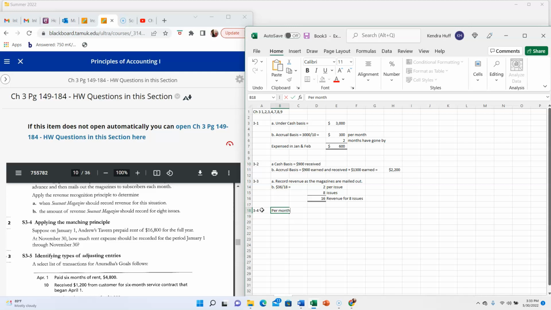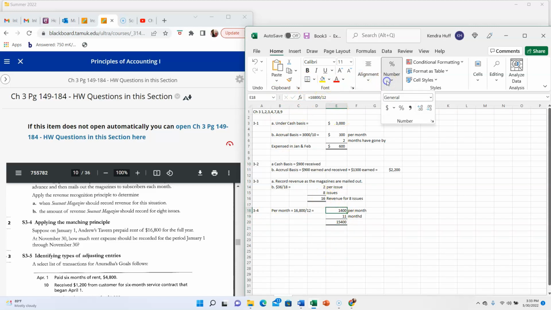So per month, it's going to be the $16,800 divided by 12. So it's $1,400 per month. And then January through November is 11 months. And multiply that out. So you should have rent expense at this point of $15,400.